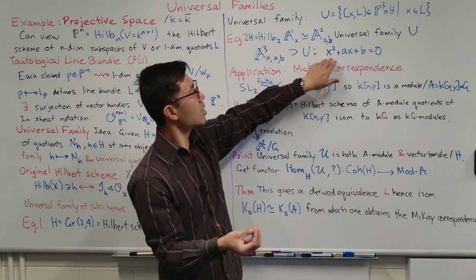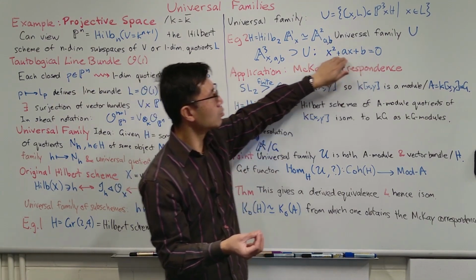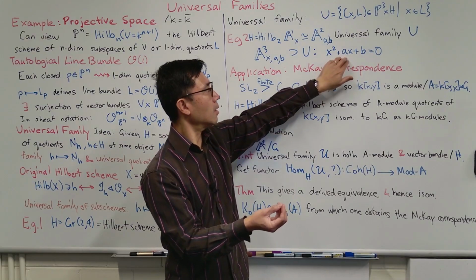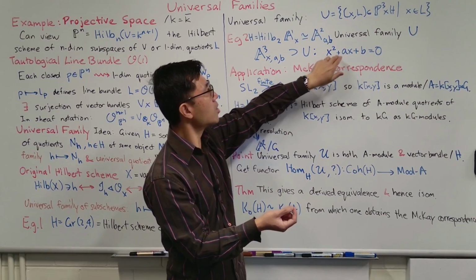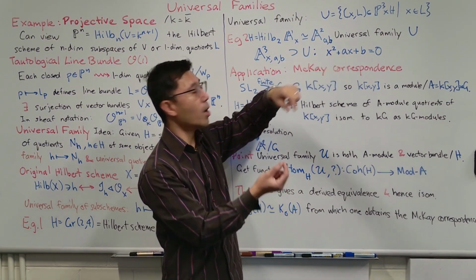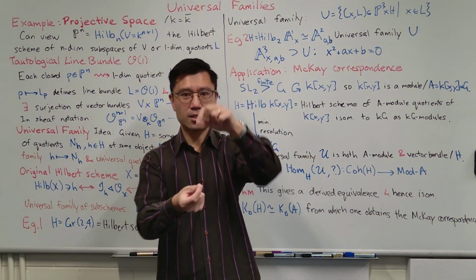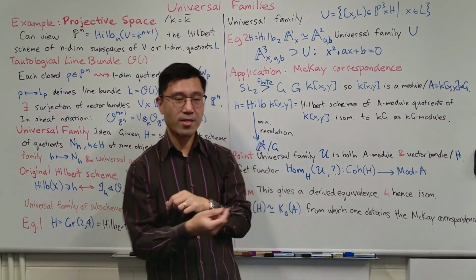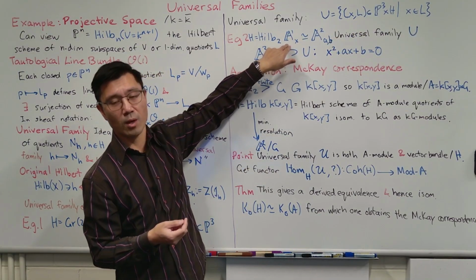If you fix the A and B, you will have this quadratic here, and it defines some ideal, and hence it defines an equation in A1x. So it's going to give you 2 points in A1x. For each AB, you'll get 2 points in A1x. As you vary these 2 points, of course, the roots will change. So as you vary that, you will get the universal family of 2 points on A1.